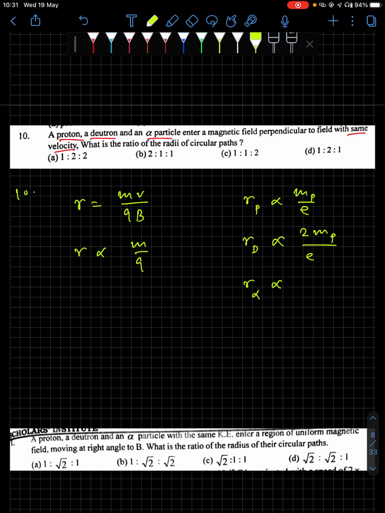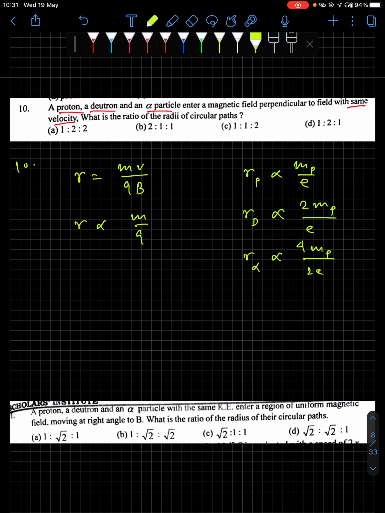Inside the nucleus you have 2 protons and 2 neutrons, therefore the mass is 4 times mp and the charge is twice e, so this is proportional to 2 mp by e.